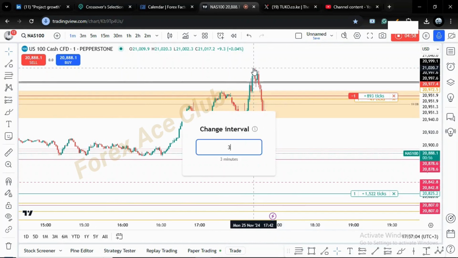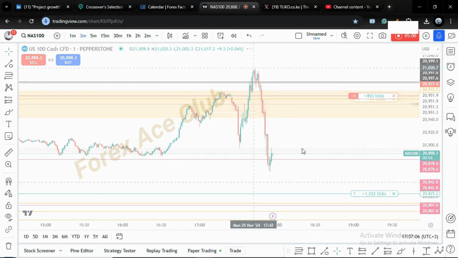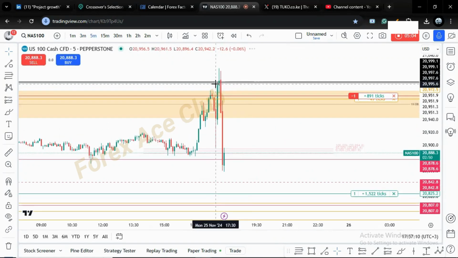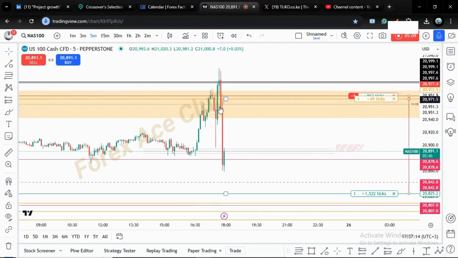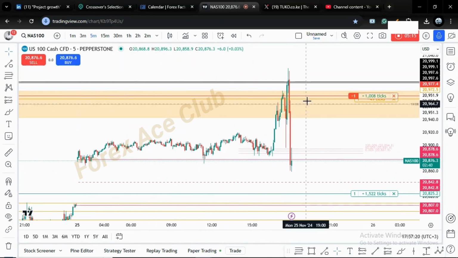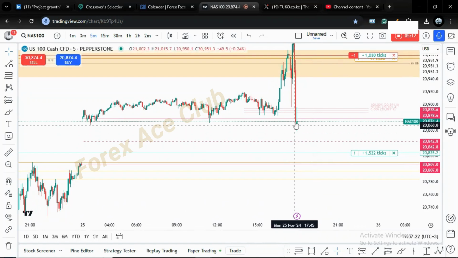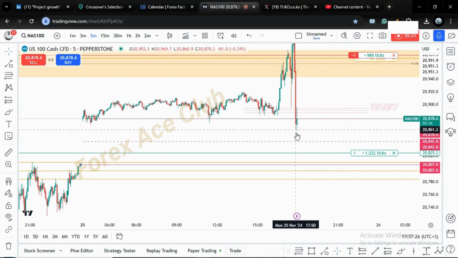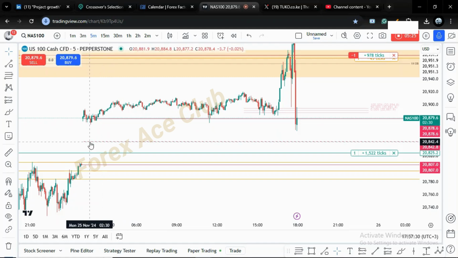Let's look at it in the 3 minutes time frame. We did not respect it. Let's check 5. We still did not respect the gap. So now we've had an aggressive move, taken out all this liquidity. This could be a turning area for the market, but I'm expecting this inefficiency here to hold the price and fire lower, most likely to the midpoint or to the low.